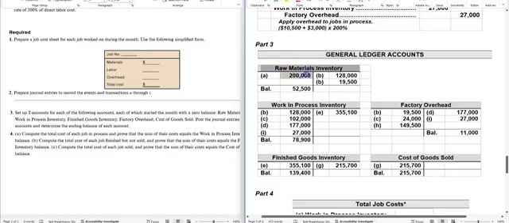Raw materials was increased for purchases, decreased for the materials that were used, leaving it with an ending balance of 52.5. Work in process was debited for materials, labor, and applied overhead. It was decreased when those inventory items were completed and transferred out to finished goods.